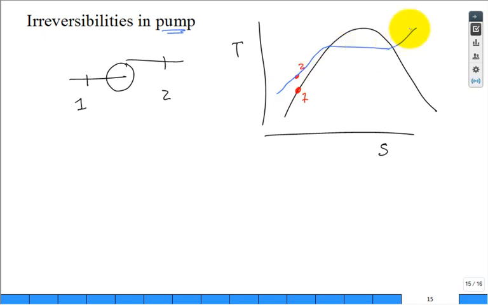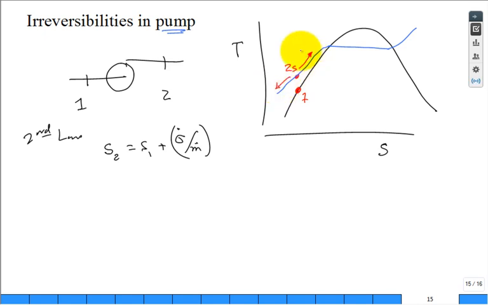All right. So we do a second law analysis, and we find that the outlet entropy is equal to the inlet entropy plus sigma dot divided by m dot. Well, if there's any irreversibilities, where should state 2 actual be compared to state 2 isentropic? Should it be somewhere up on this side or on that side?